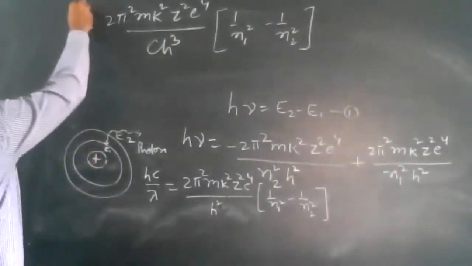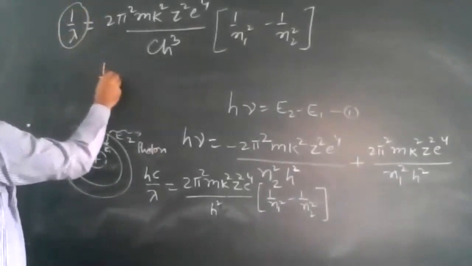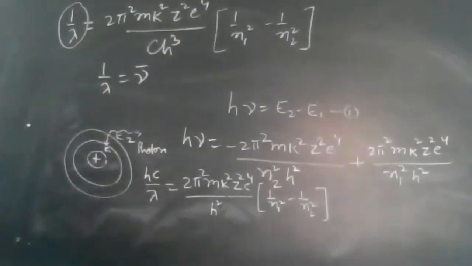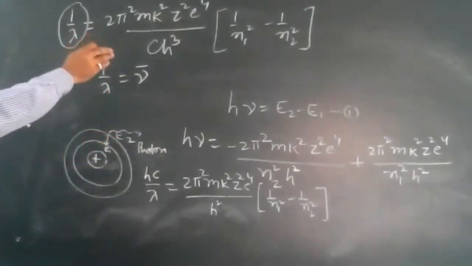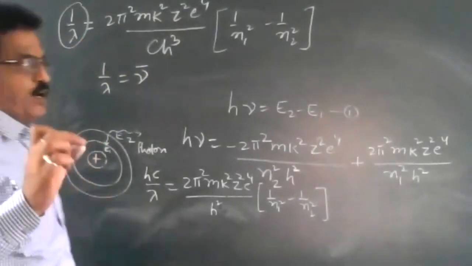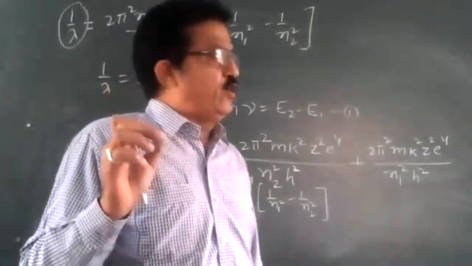Here 1 by lambda is equal to nu bar, and that is called the wave number of radiation emitted, or the number of complete waves in a unit length.